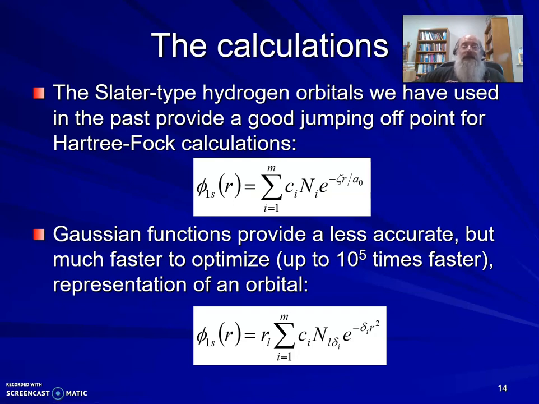The issue is that even though they cost a couple percent of accuracy, they make the calculation about 100,000 times faster, so it's worth sacrificing the accuracy. So those orbitals that have a Gaussian shape instead of a hydrogen-like Slater-type orbital shape are what Gaussian and other programs similar to it usually use.